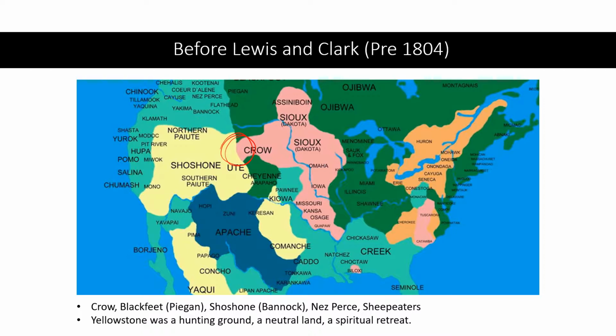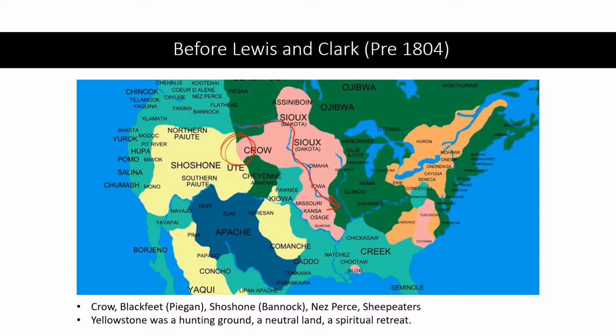So this is the Missouri River right here. The Lewis and Clark expedition spent a lot of time traveling on the Missouri River, and they were looking for a route to the Pacific Ocean. So they were traveling up the Missouri River, looking for the headwaters of the Missouri, hoping that they could then find an easy route.